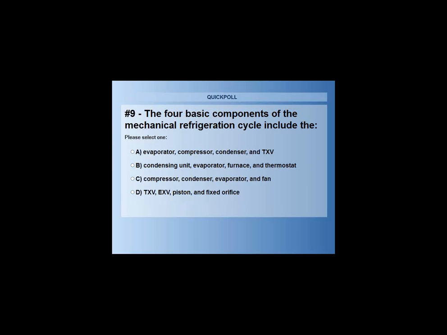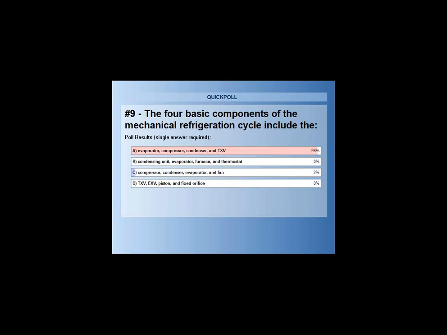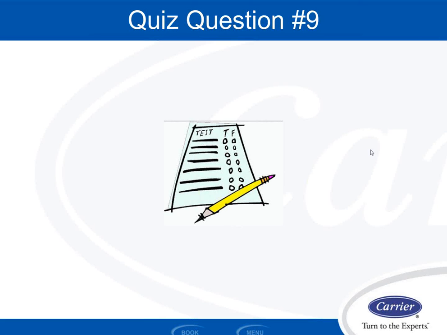I'll give it 5 more seconds. And I'm closing it. And 98% of you guys got it right. The four major components are the evaporator, compressor, condenser, and thermostatic expansion valve.